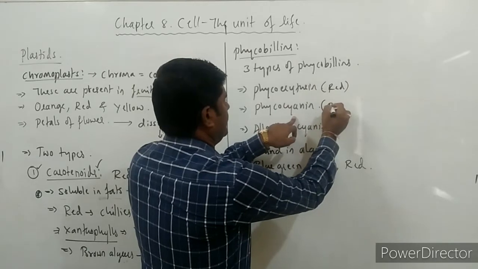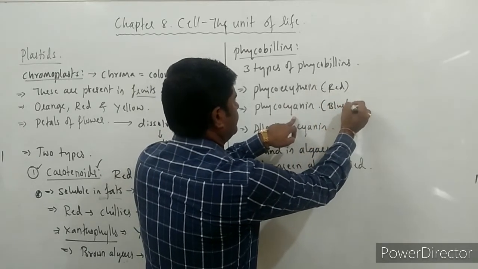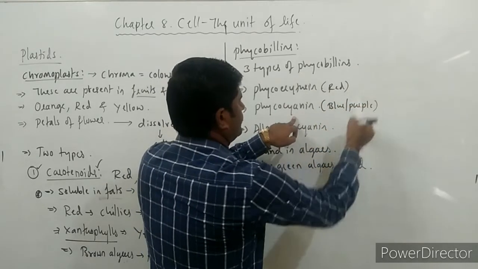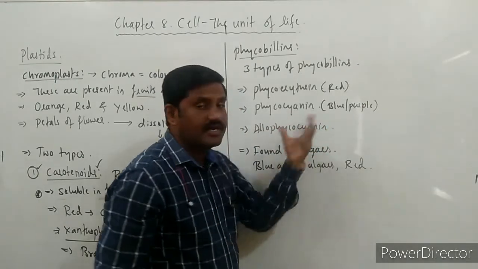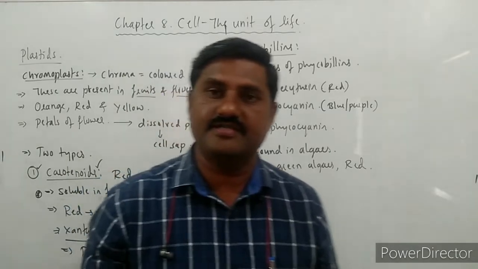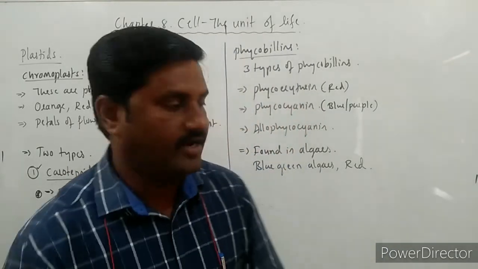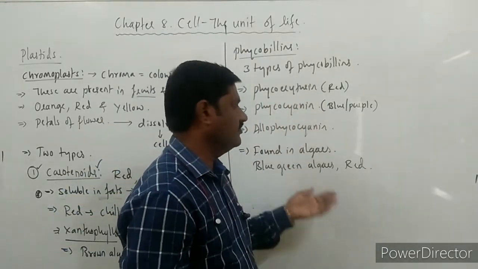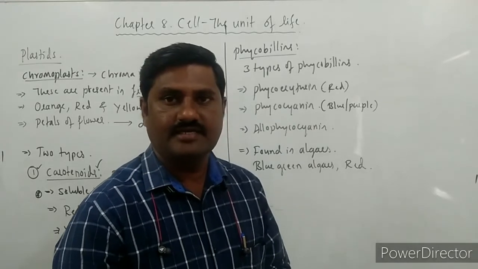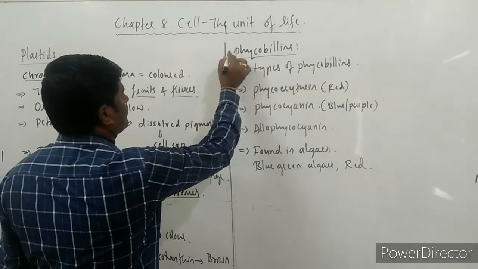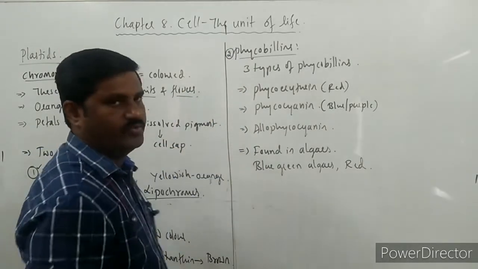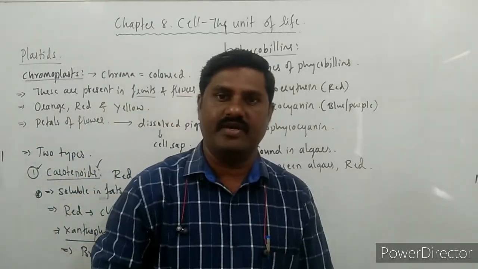Phycocyanin is blue or purple, or violet colored, right? Such different colored pigments that we come across are usually found in algae, right? So these are the second type of chromoplasts that we come across.